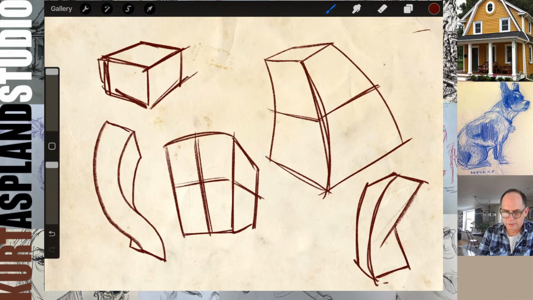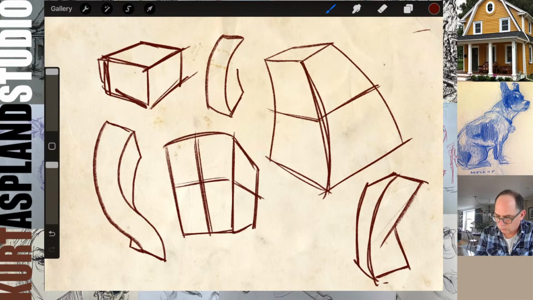Try and get a twist. So this is another form.